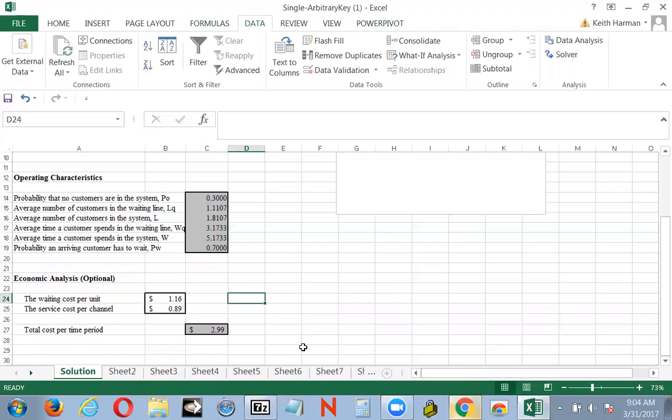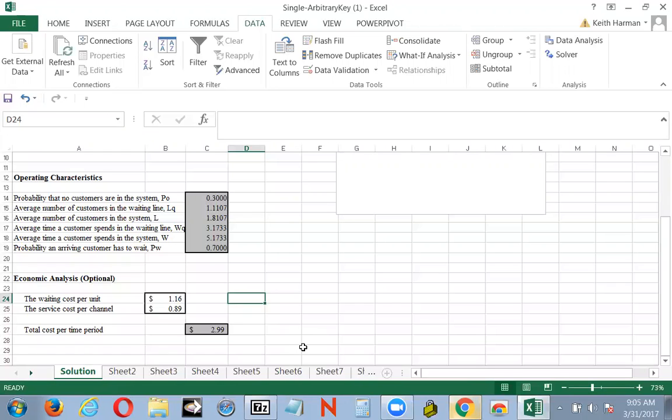One other thing I would note: if you look at the top of page 518, figure 11.4, you're going to see the general shape of the waiting cost, service cost, and total cost curves in waiting line models, and it looks suspiciously like the total cost curve. You're exactly right. The total cost is the sum of the service cost and the waiting cost.